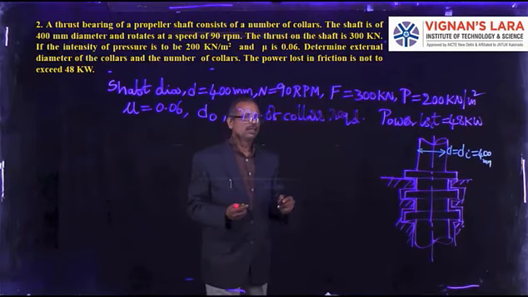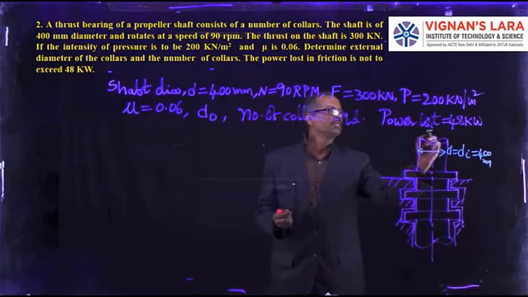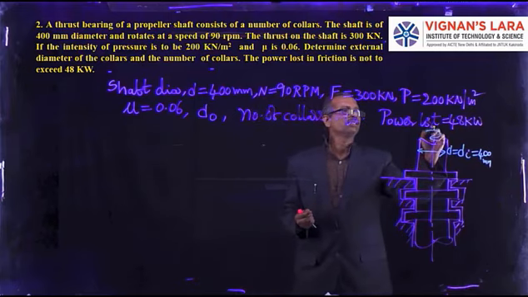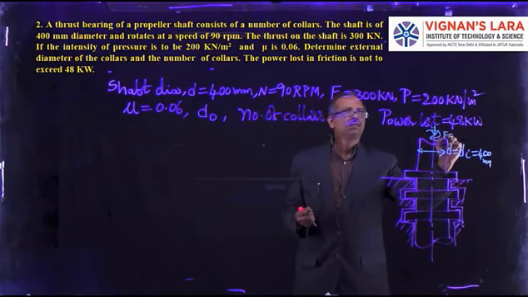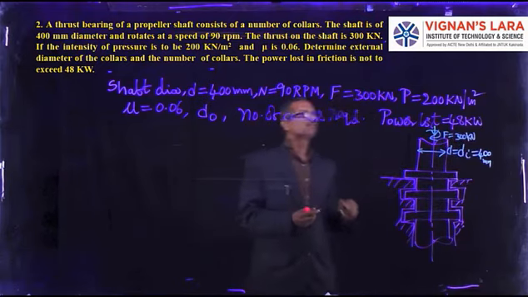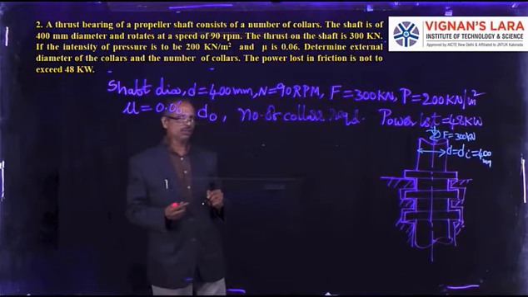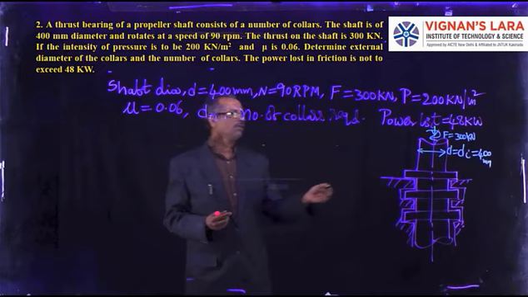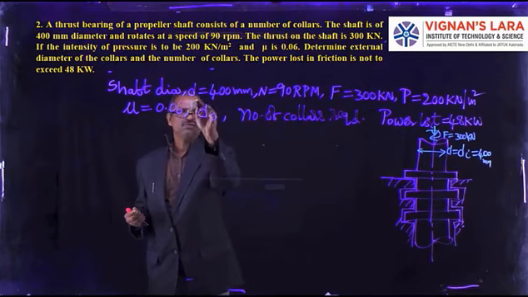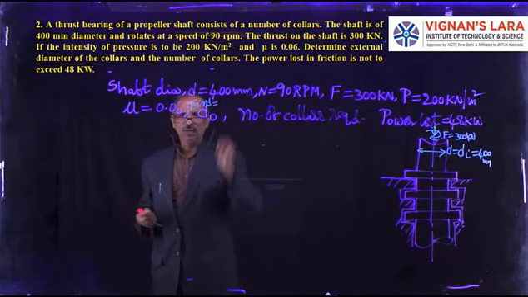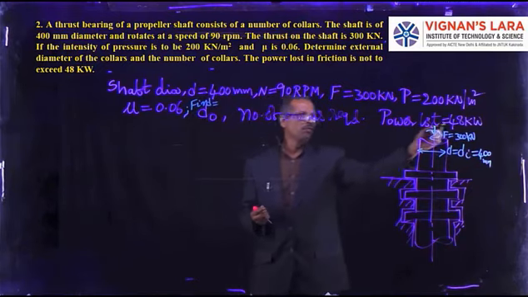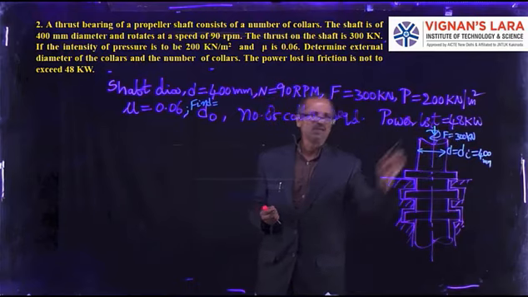Then the speed is 90 rpm, and there is a force acting of 300 kilonewton, and the pressure is 200 kilonewton per meter square, and the coefficient of friction is 0.06. You are supposed to find D naught as well as the number of collars required for a power loss of 48 kilowatts.